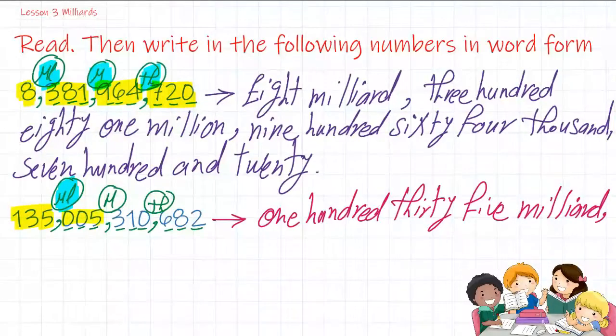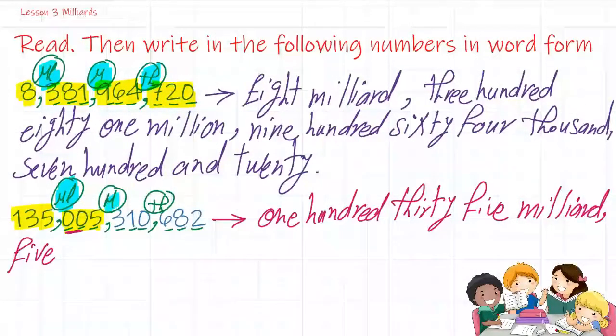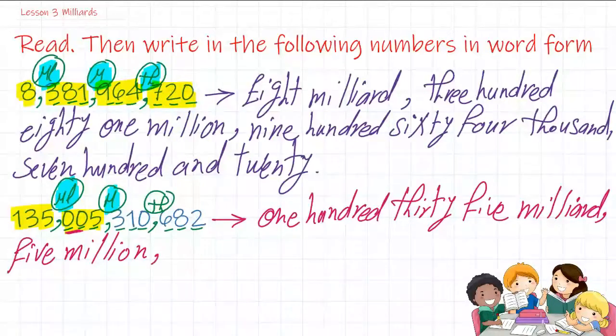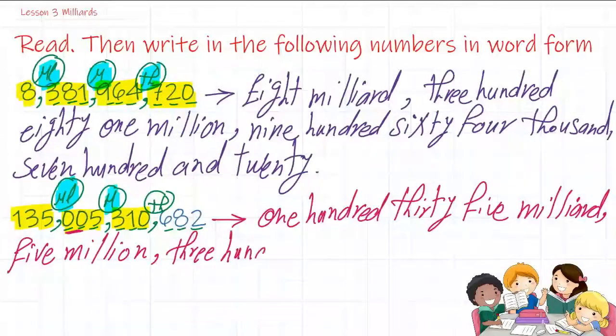And then we have the 3 digits, write it together, but we have 2 zeros on the left here, so let's read it as 5, only 5. And we have here the comma of million, so let's write million here. And then read the 3 digits together here, so it will be 310, and we have the comma of 1000, so let's write 1000 here.